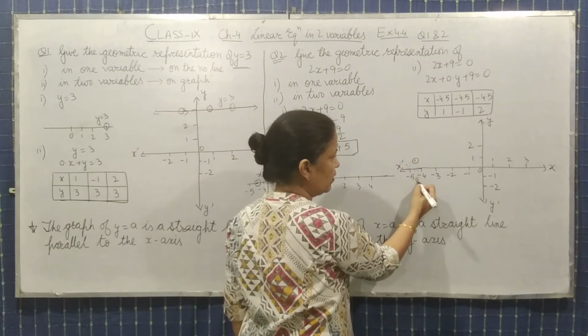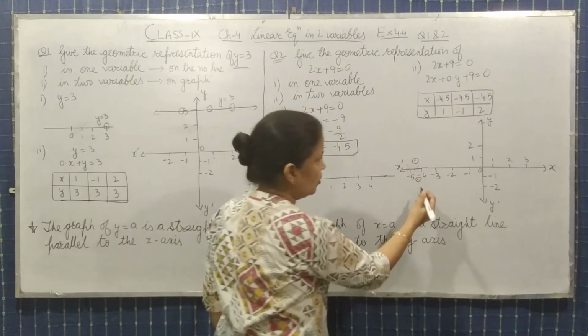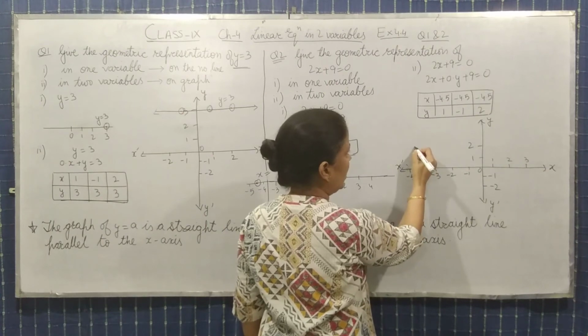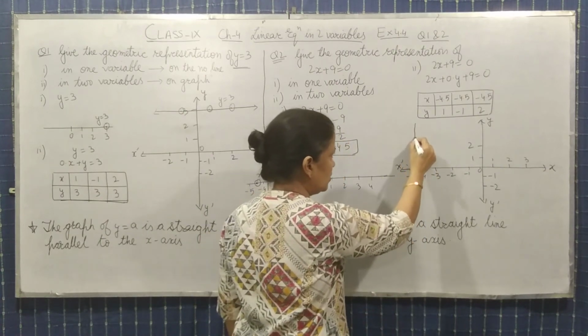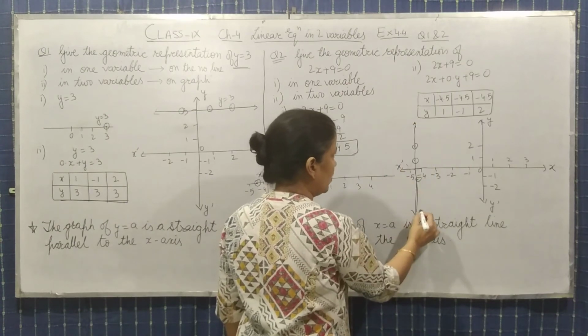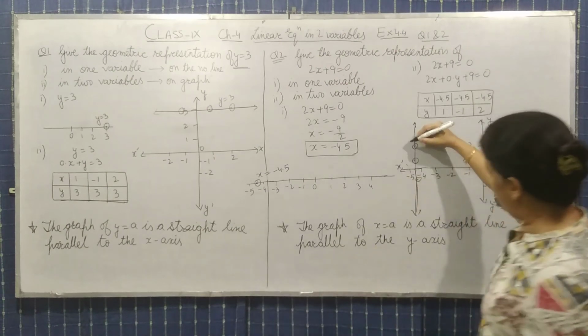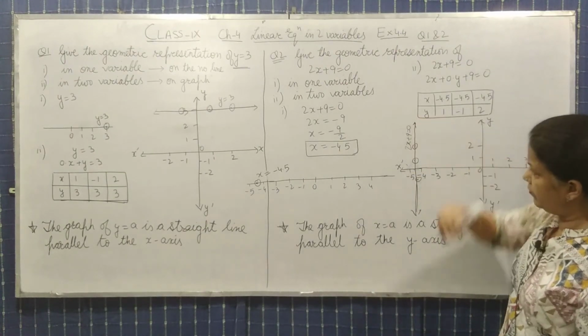So you will get it here. Then minus 4.5 and 2. You will get it here. Now join them. And don't forget to write the linear equation, 2x plus 9 equals 0.